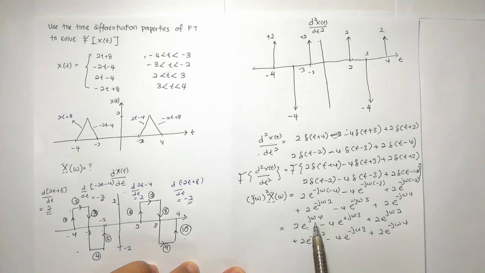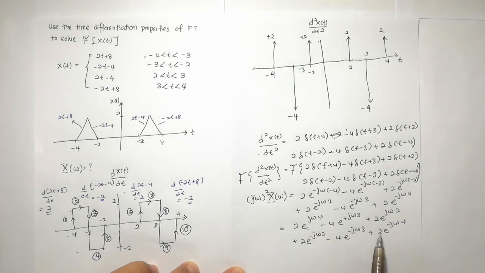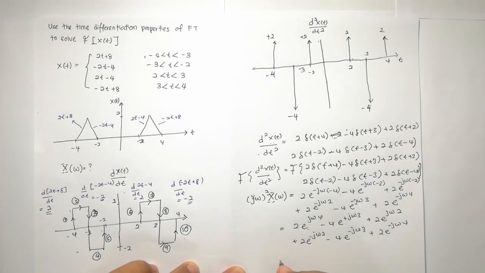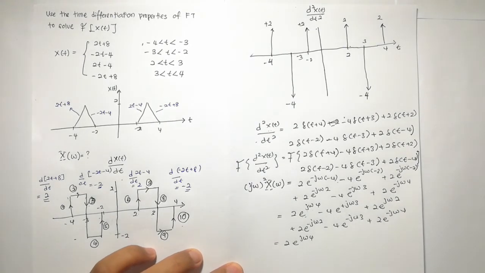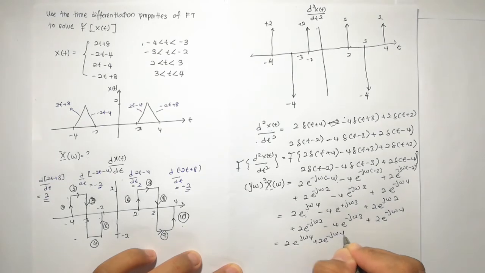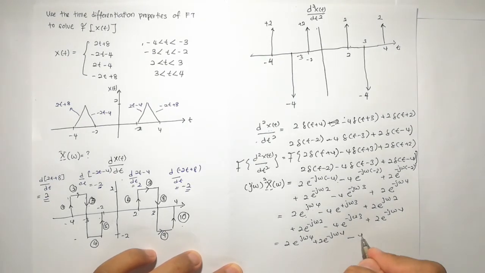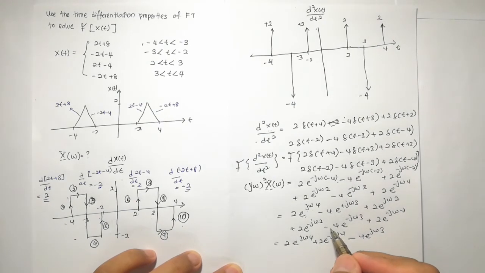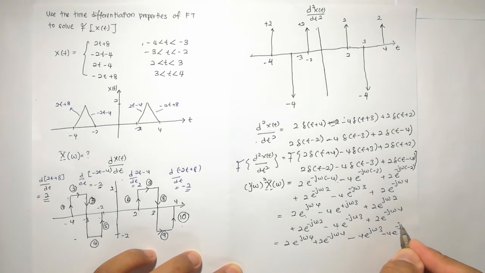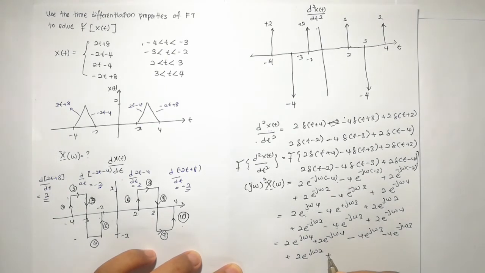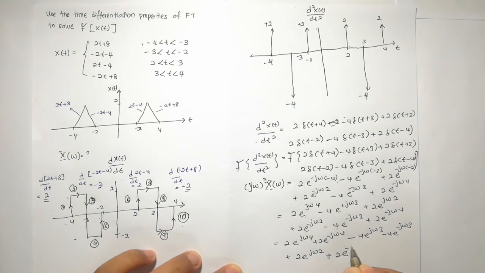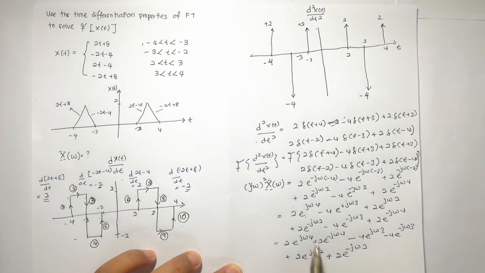For example, e^(j omega 4) and its conjugate, so we put them together. We have 2e^(j omega 4) plus 2e^(-j omega 4), and then the next one, minus 4e^(j omega 3) minus 4e^(-j omega 3), and then the last one is 2e^(j omega 2) plus 2e^(-j omega 2).